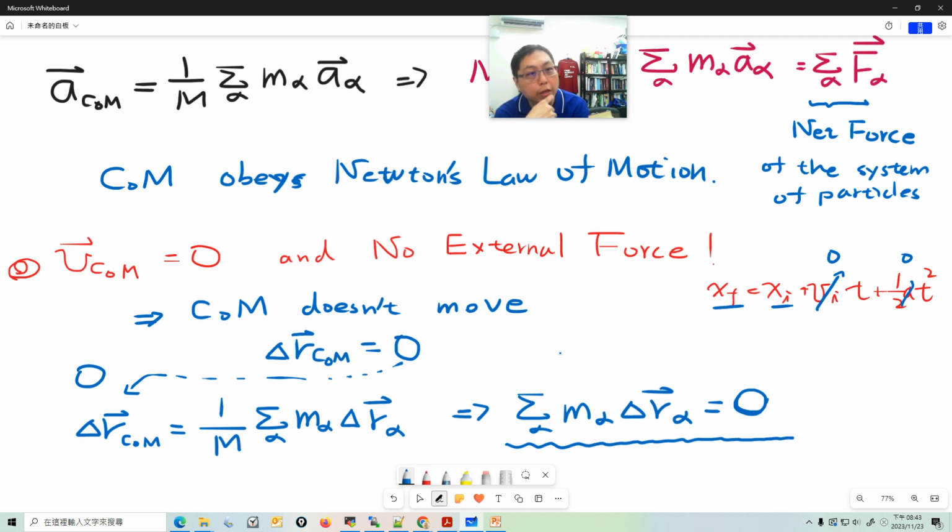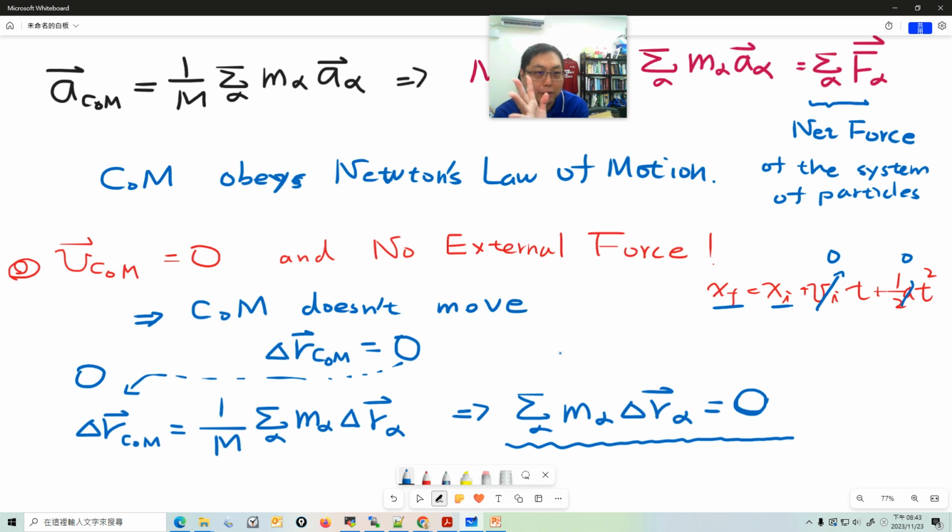In the next video I will demonstrate an example using this equation. Also, homework 9.45 uses this equation to solve the problem.